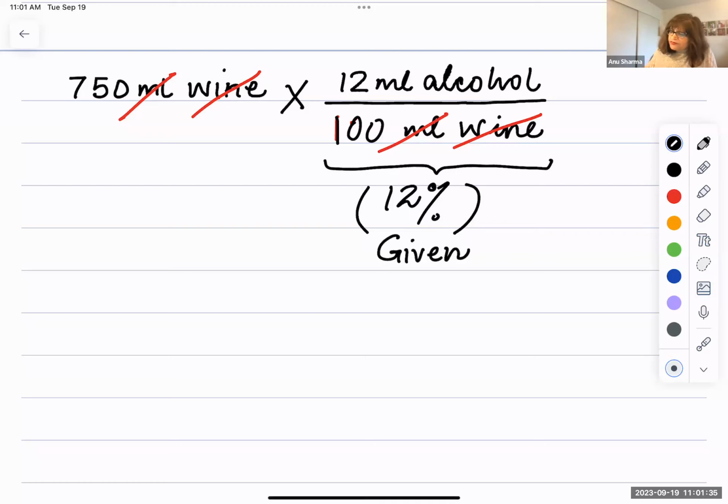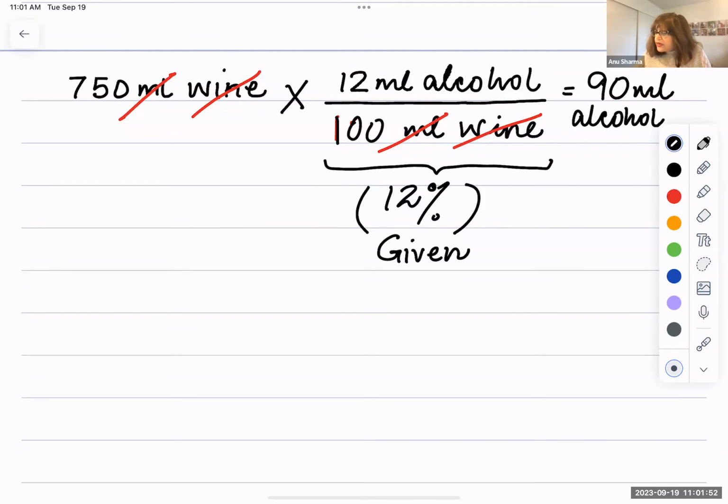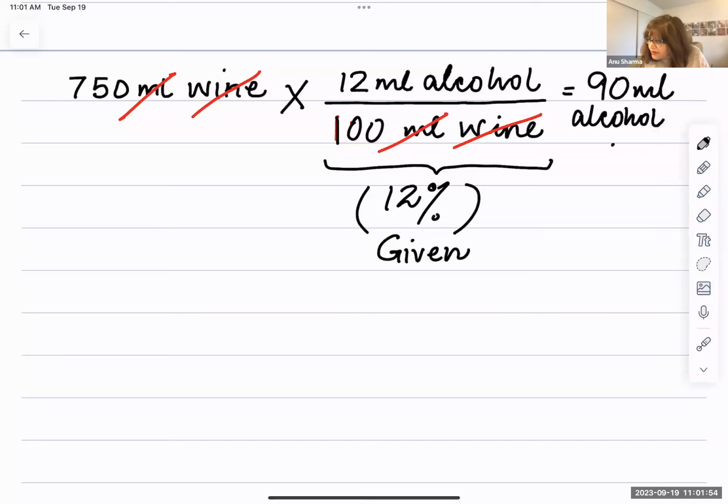And so 750 times 12 divided by 100 gives you 90 milliliters of alcohol present in 750 milliliters of wine.